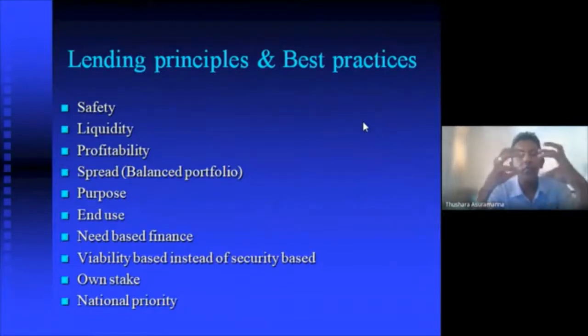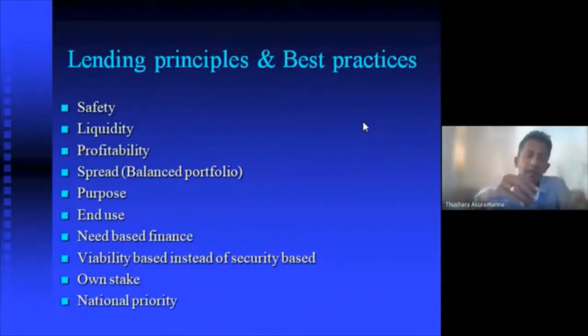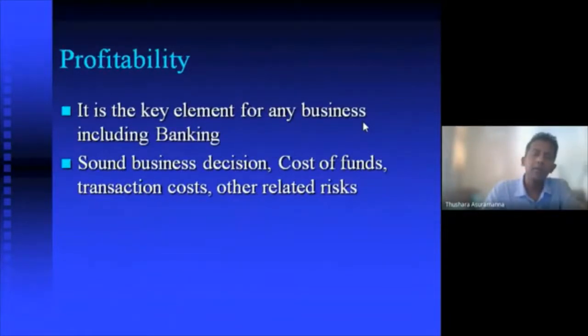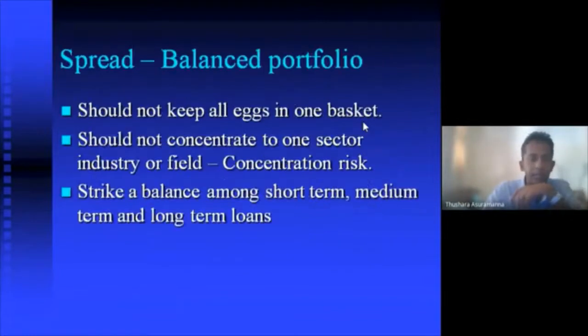So we do the lending activity by adopting these best practices whenever we undertake lending. We learn in detail about each item. You may be required to list 1 or 2 best practices and briefly describe 1 or 2 items. That's a kind of probable question.